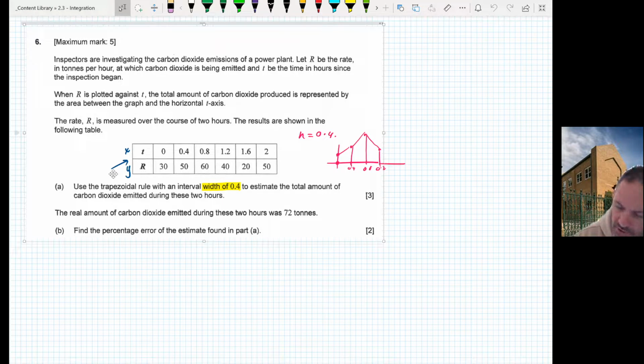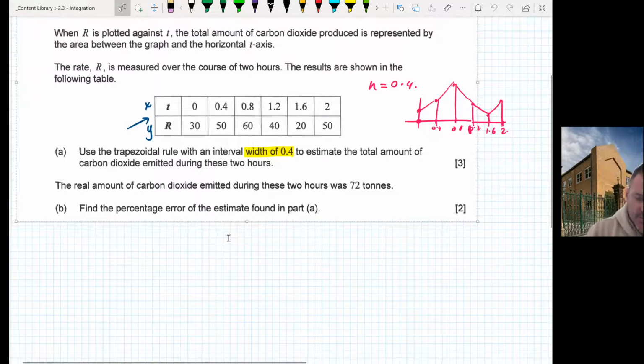That's 1.2. 1.6 goes to 20, a bit further down, and then 2 goes back up to 50. That's what it looks like if it was drawn out.